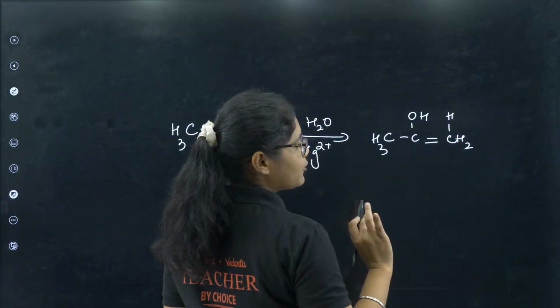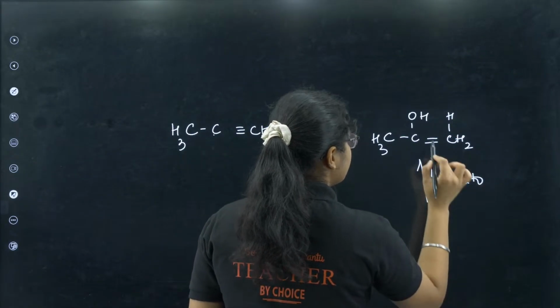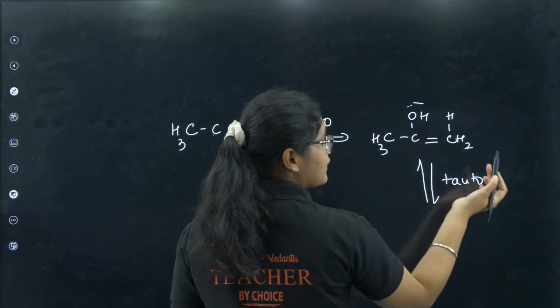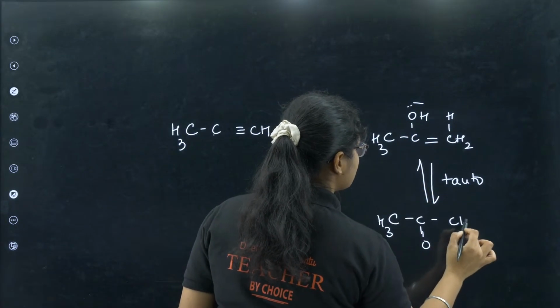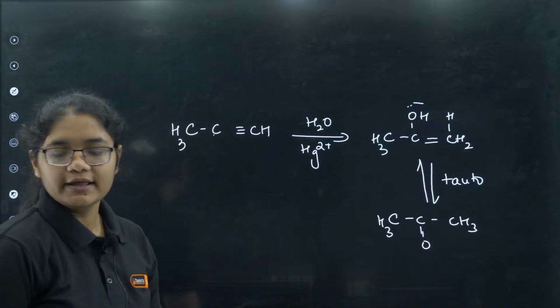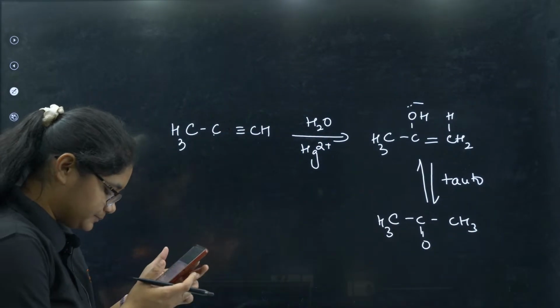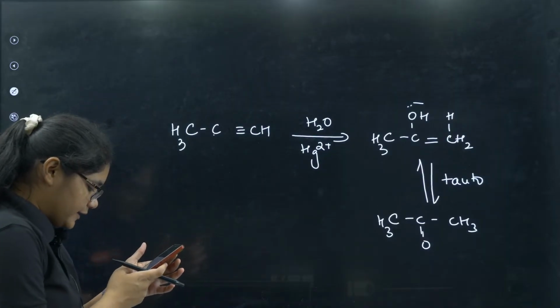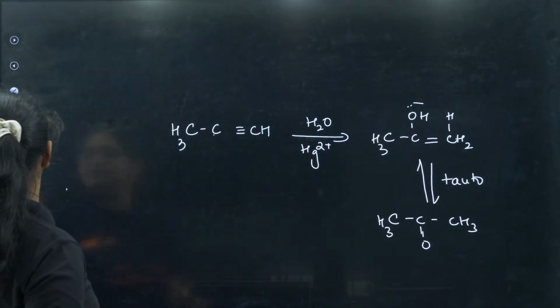So this will be the product formed. Now after that we take tautomerization. In that, this group will get converted to a carbonyl group, like this, and this one will become CH3. So this is called your reaction using alkynes. Clear? Okay, next.